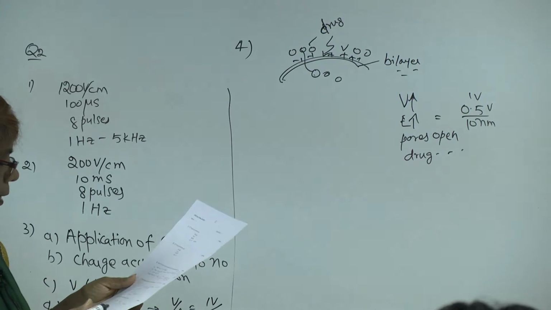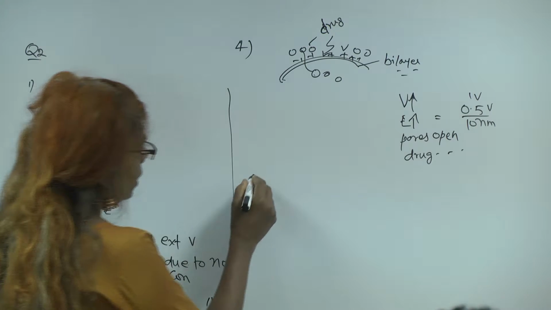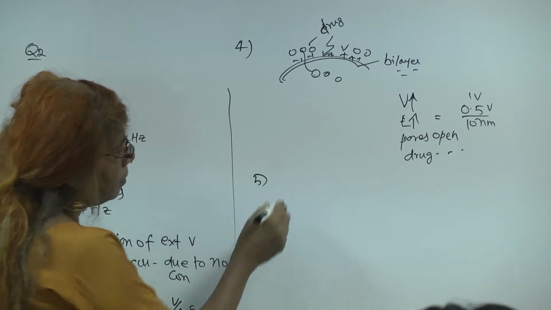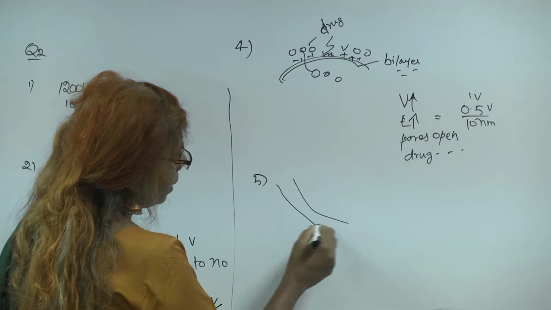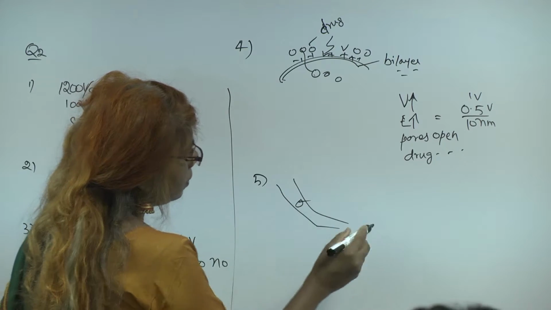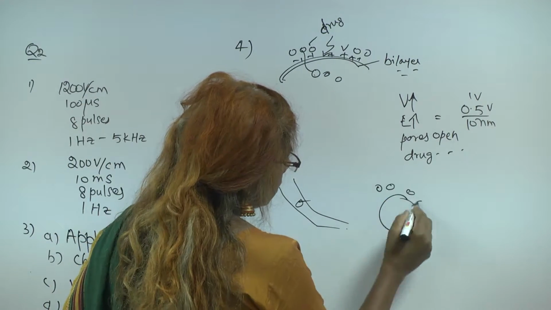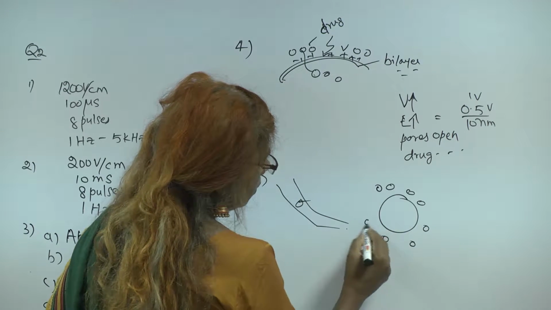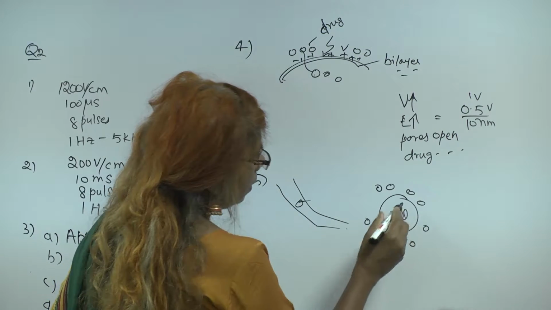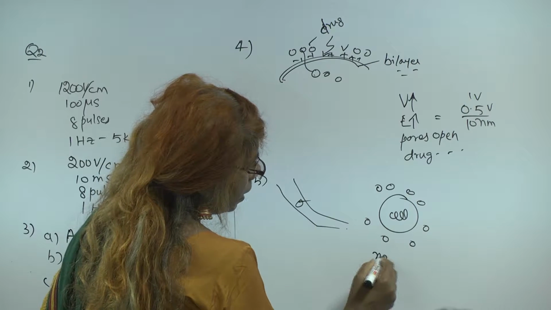And then the 5th one, sketch. It says sketch. So I use that. Remember, I didn't draw the hand and all, but that's what we will be doing. I just use the simple one. Drug molecules outside. This is your cell, and no drug inside.